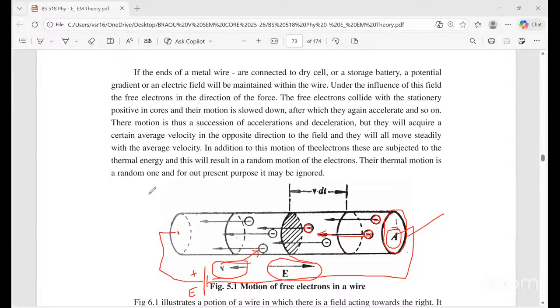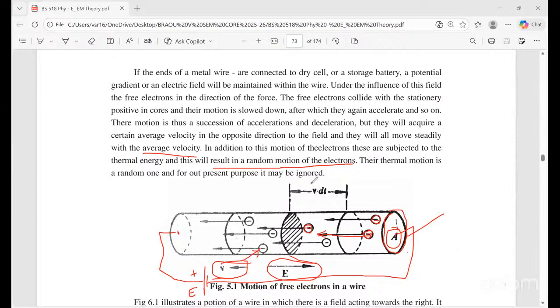This is the average velocity. The motion of these electrons is also subjected to thermal energy, which results in a random motion of the electrons.